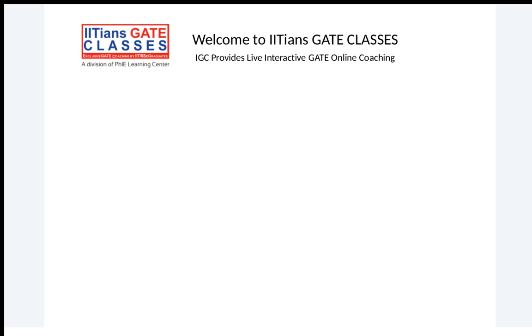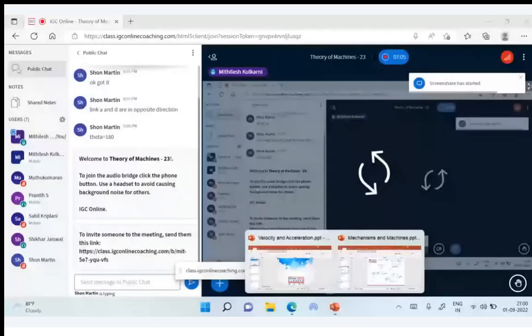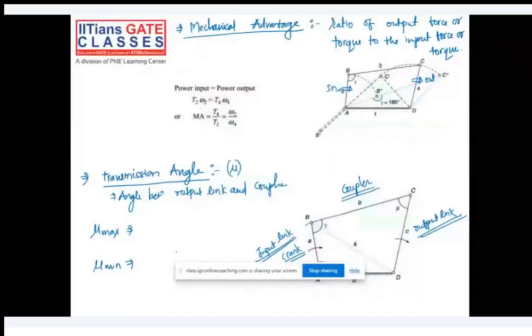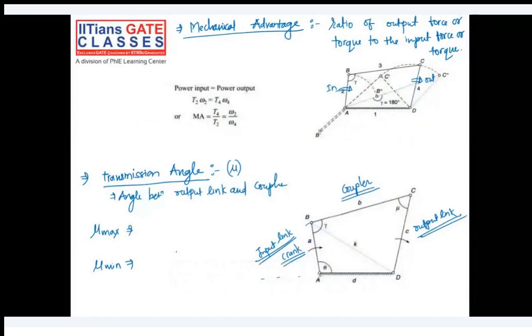Correct, theta equal to 180, in other words. So corresponding to theta equal to 180 degree, you will get a mu max. And at what angle you will get mu minimum in this particular case?